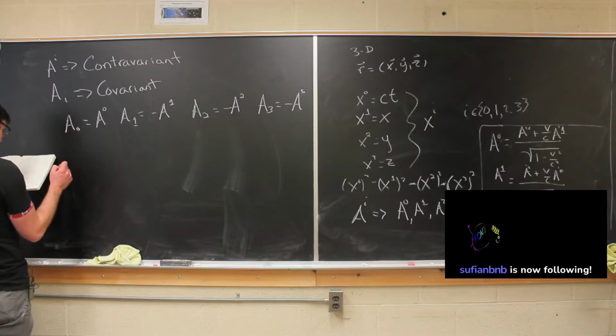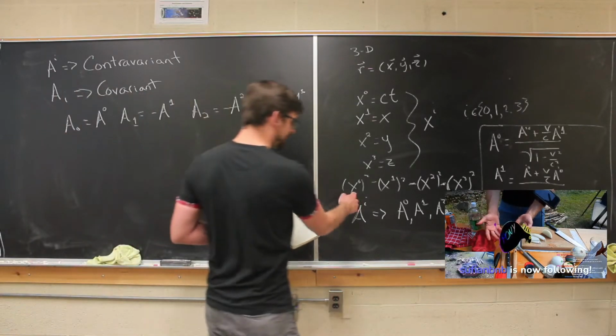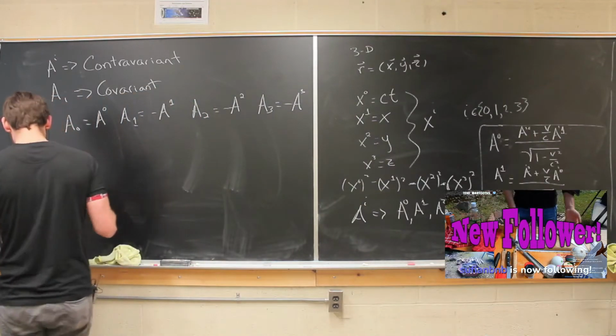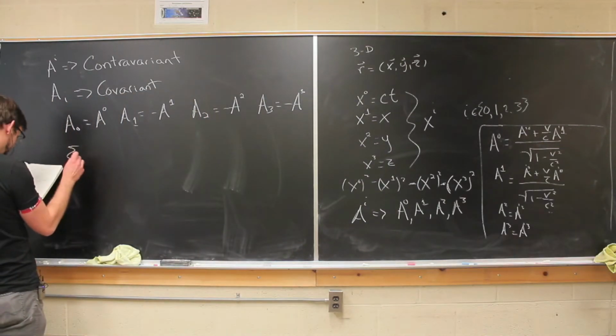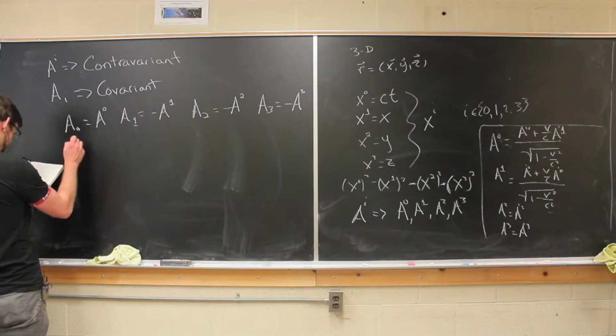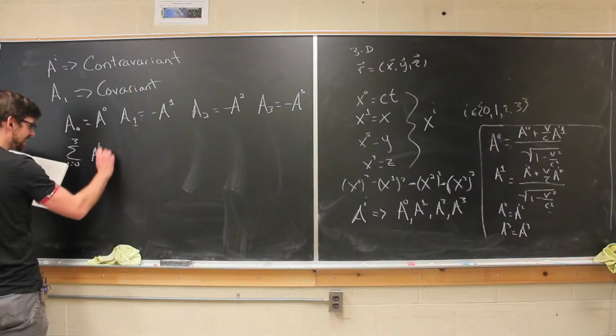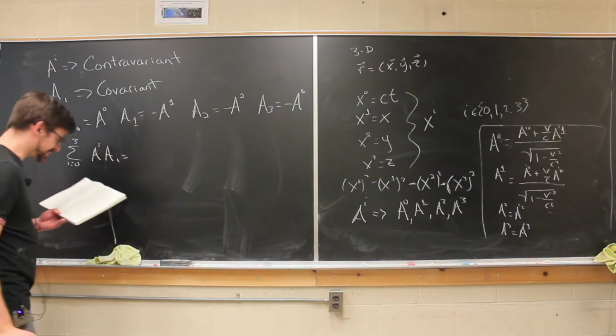If we want to write down the square, because ultimately, like I said, we can have this relationship true for our A vector as well, we want to know what A squared looks like. How about we write down the sum from i equals 0 to 3 of A_i A^i, and surprise, surprise, what do we get?